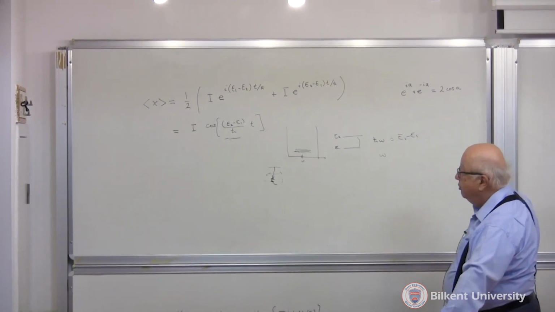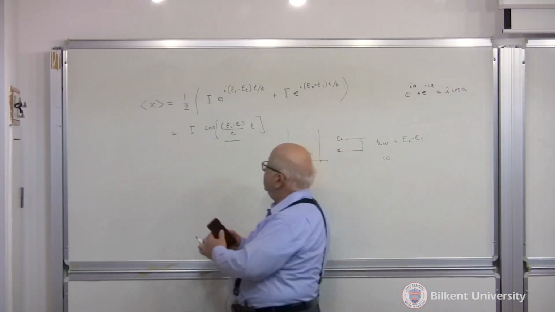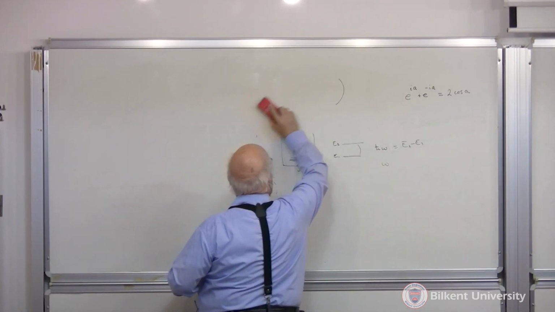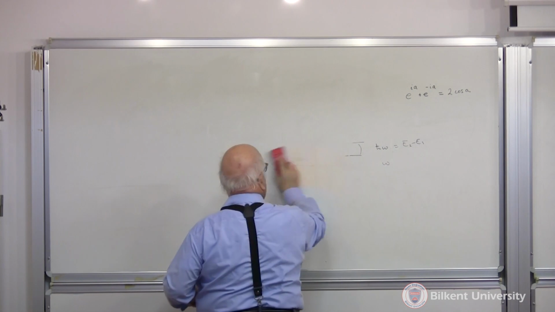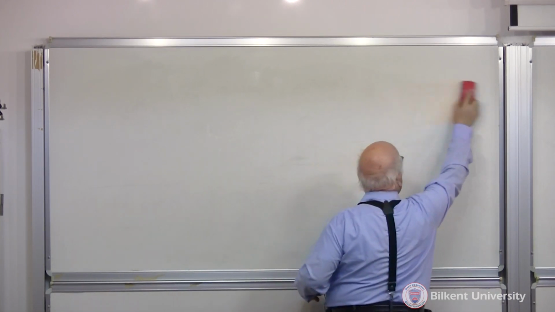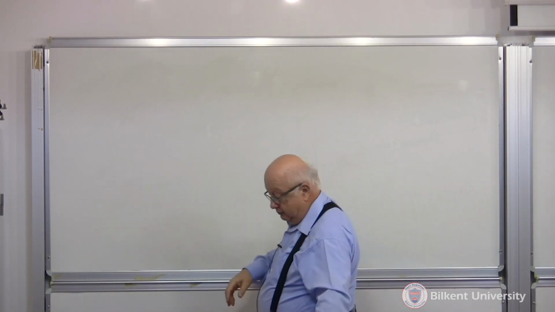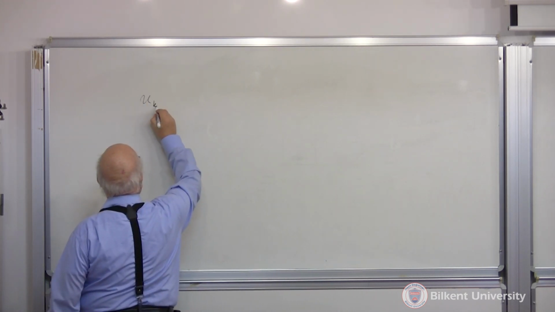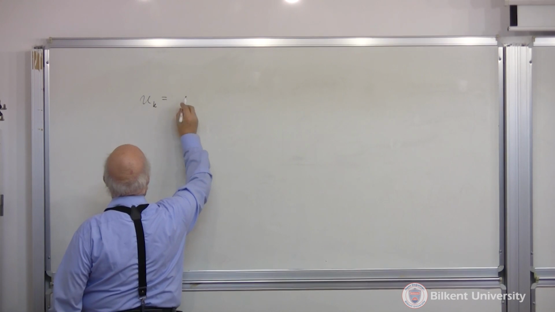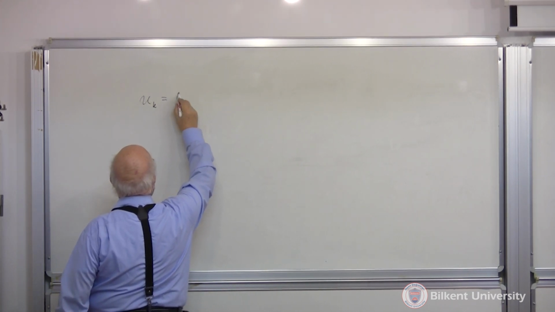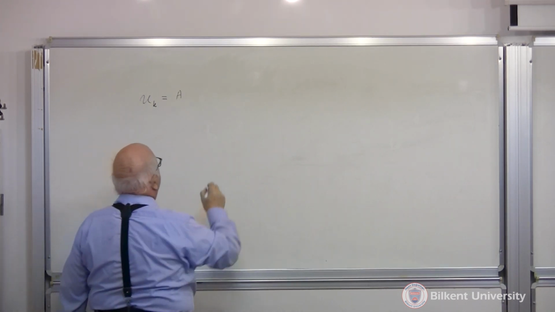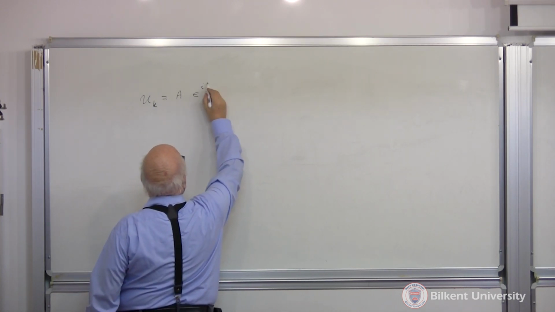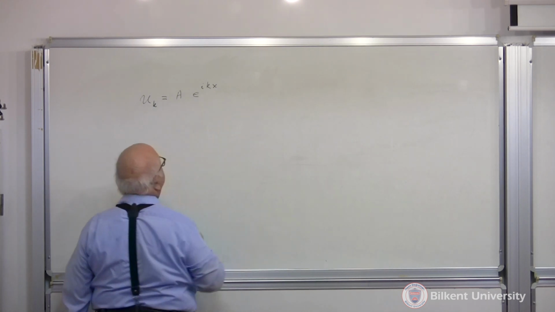What I will do is I'll take two of these functions. So u_k is going to be some normalization constant, let me just call it A, times e to the i k x, right?